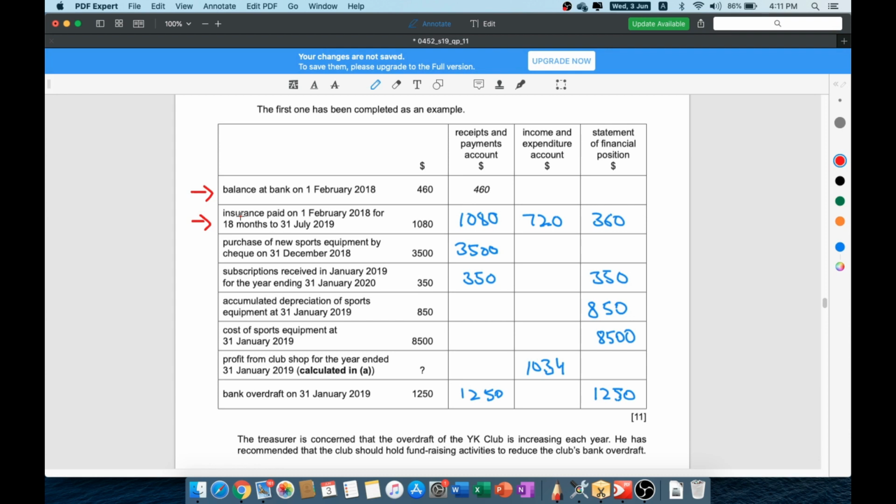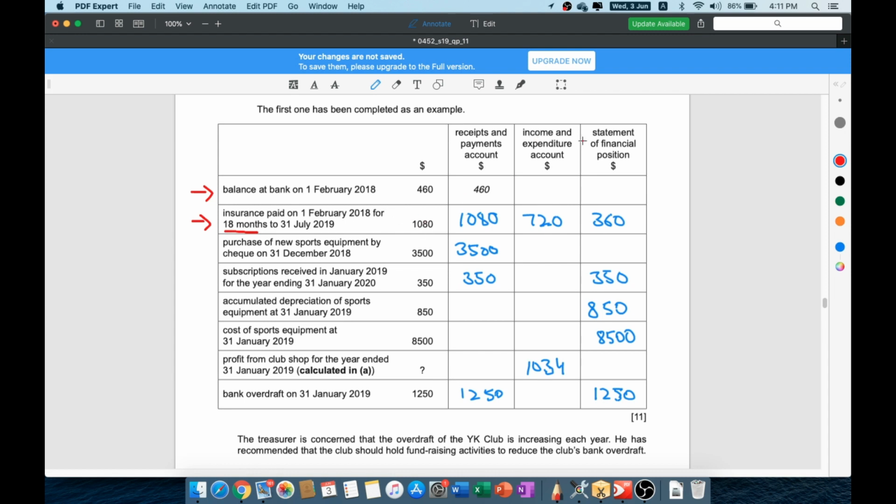Insurance paid on 1st of February 2018 for 18 months to 31st July 2019. So he says that we paid on 1st February 2018 for the next 18 months of our insurance. So the receipts and payments account being the bank account, we're just going to show the full $1,080 charge there because we paid $1,080, we paid it in full.